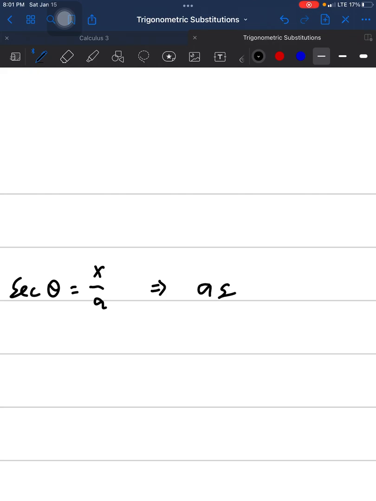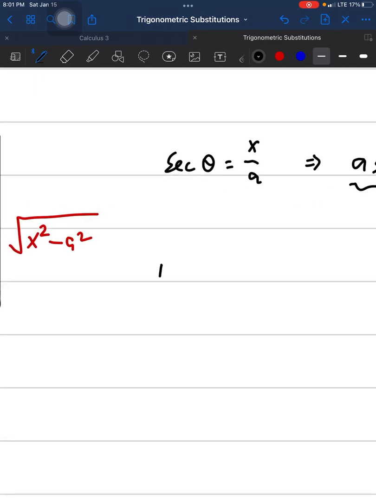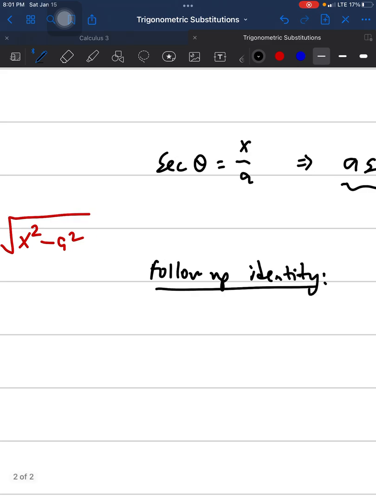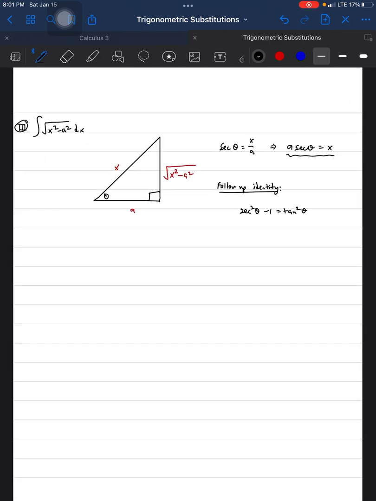We solve for x and we get a secant theta is equal to x. Now, after you do that, you have to follow up with an identity, and that's going to be secant squared theta minus 1 is equal to tangent squared theta.